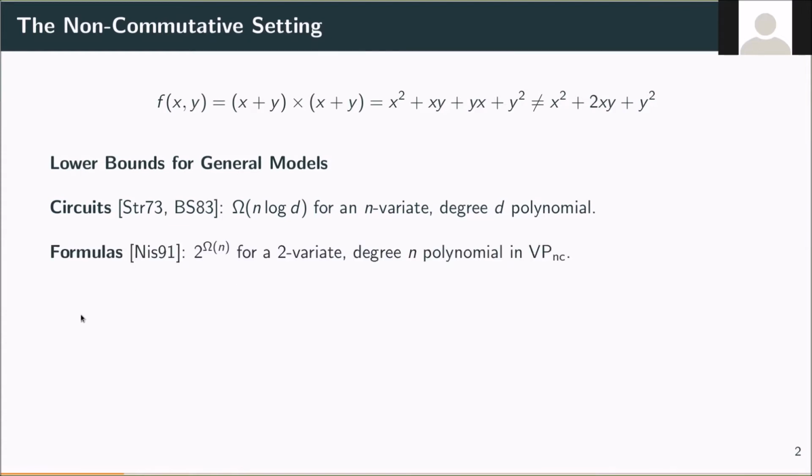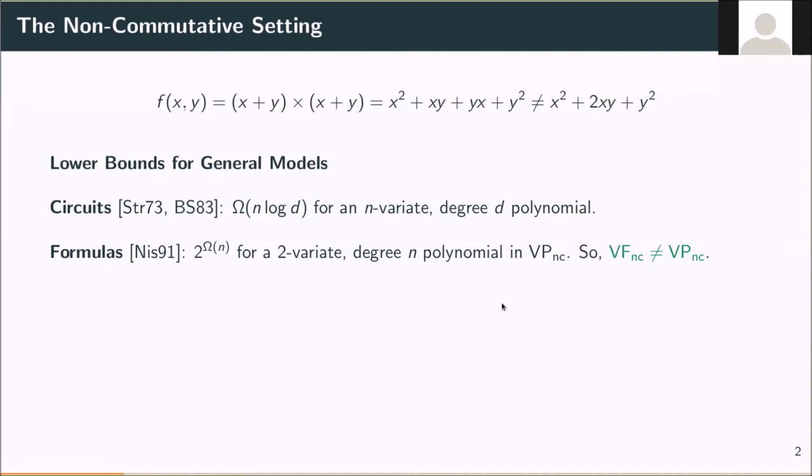However, if we look at formulas, we actually know exponential lower bounds in the non-commutative setting. And this was due to Nisan in his seminal paper. So the best lower bound known against formulas in the general setting is just quadratic. And here we know exponential lower bounds. In fact, the hard polynomial that Nisan showed the lower bound for is in VP itself.